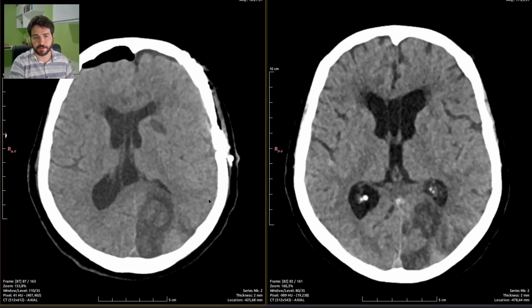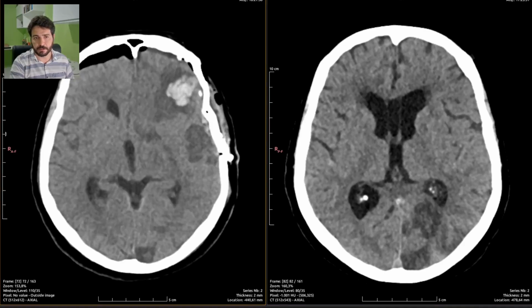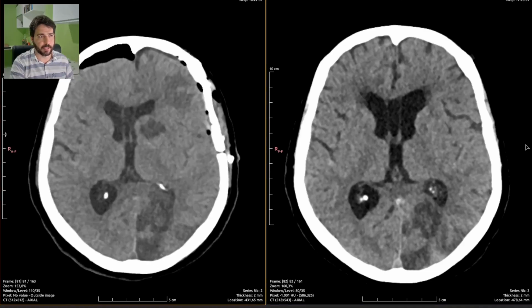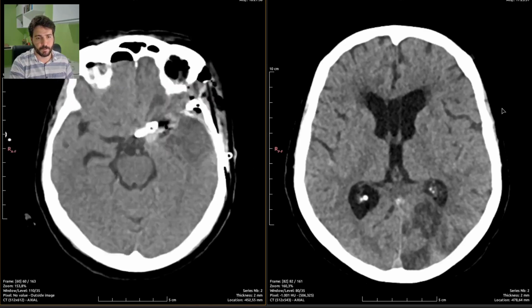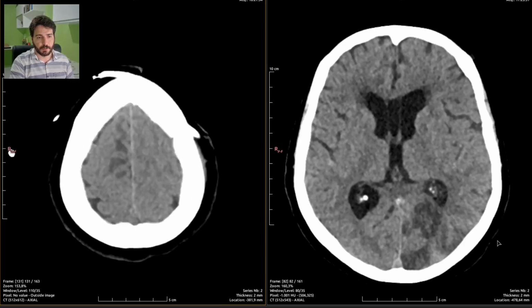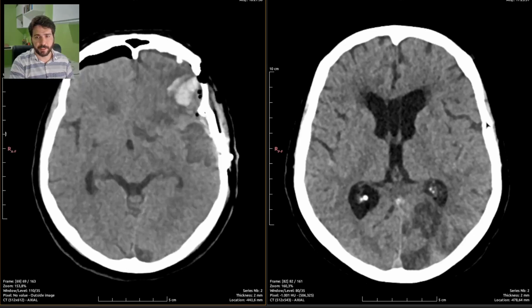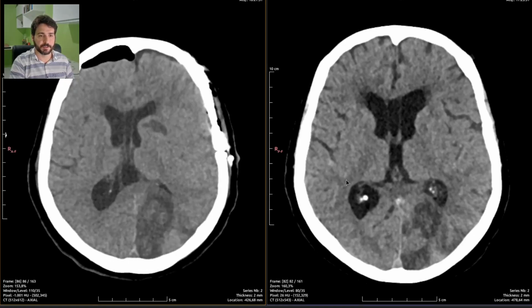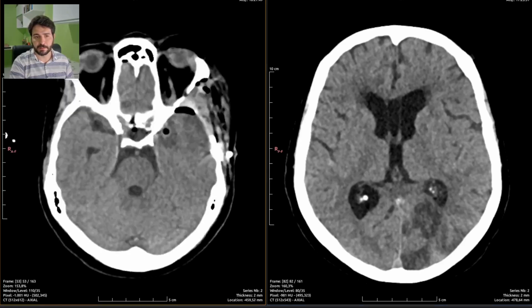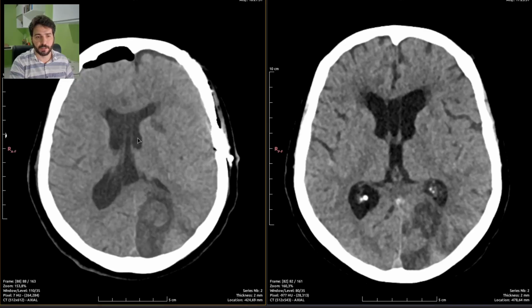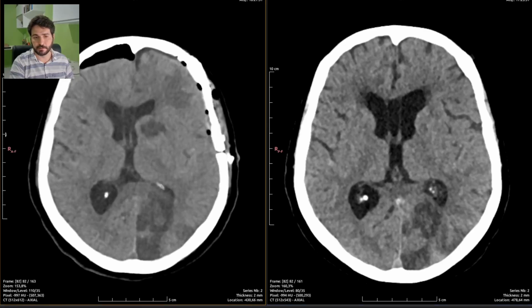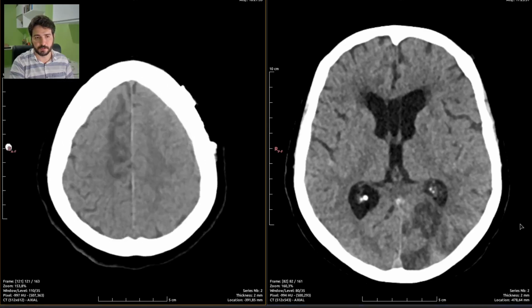There is effacement of gyri and cisterns. So this is really bad. It's persistent cavum septum pellucidum. This is an anatomical variant of lesser importance.